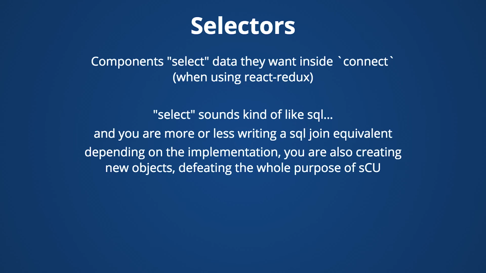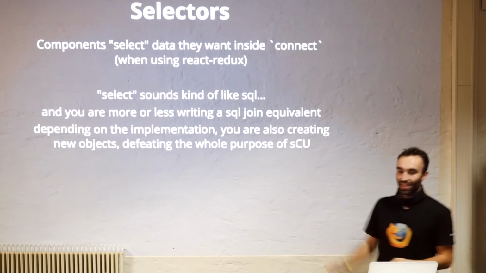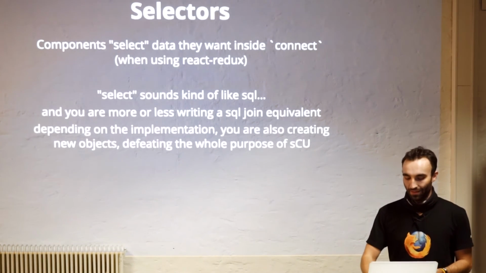And what you're basically doing is writing an SQL join statement here. And depending on how exactly you're doing it, you're also creating a lot of new objects, which defeats the whole purpose of the shouldComponentUpdate functionality of React, if you're familiar with this.